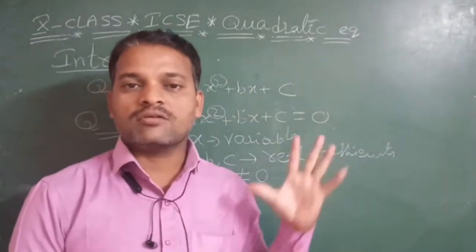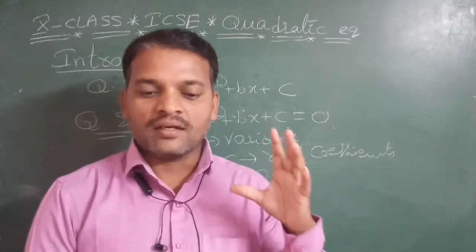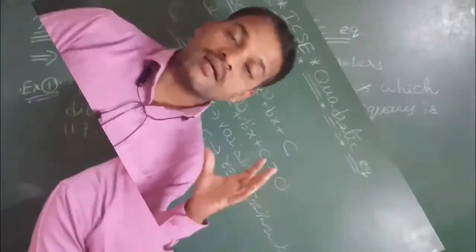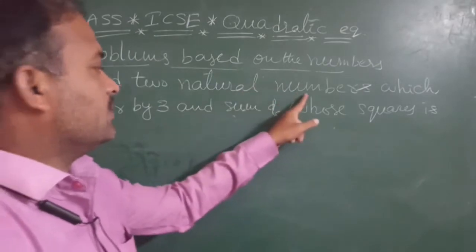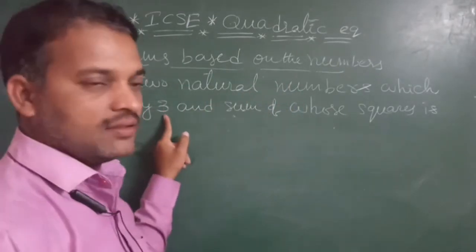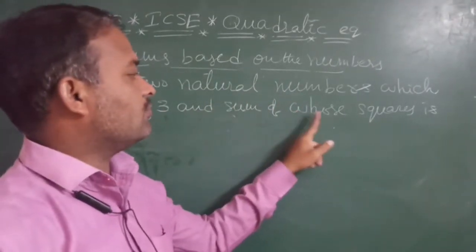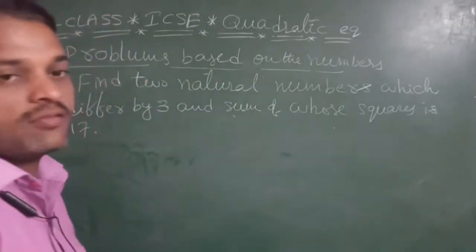Now I'll go for problems based on numbers. Example: find the two natural numbers which differ by 3 and the sum of whose squares is 117.